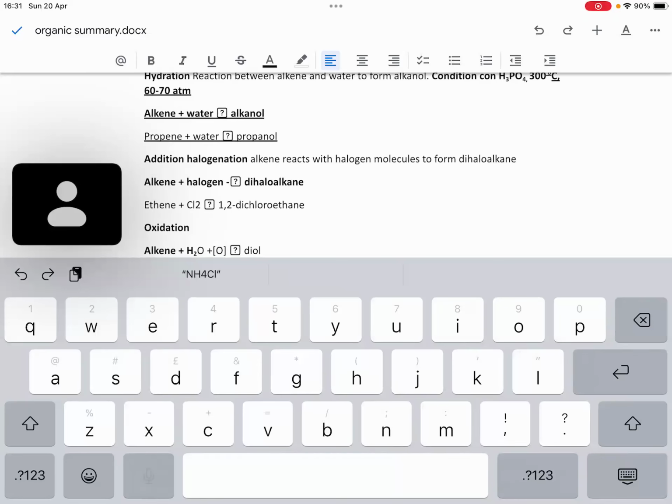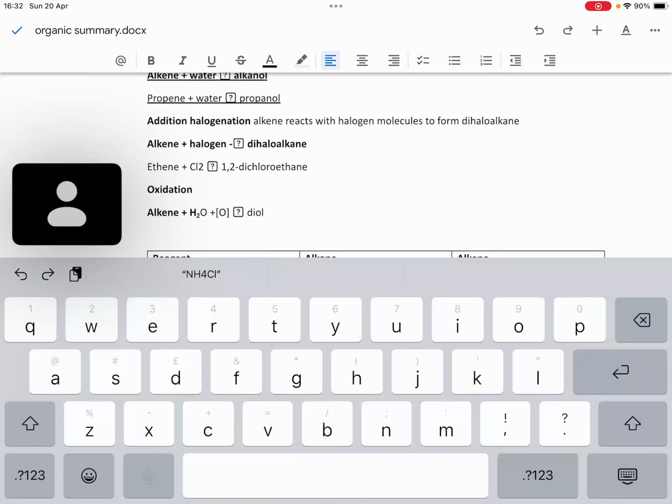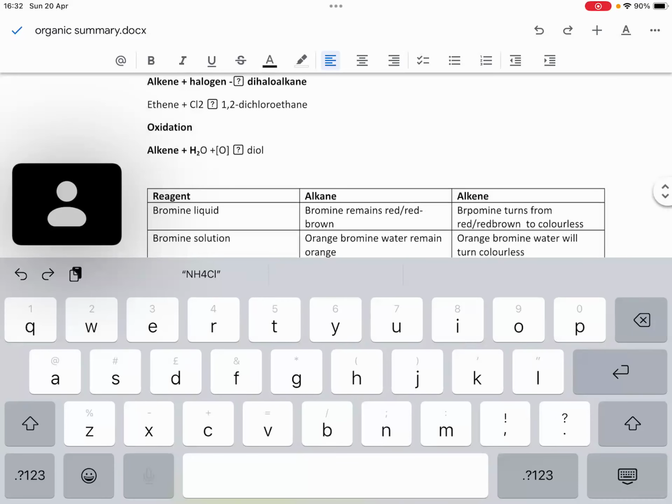So in addition halogenation, an alkene reacts with a halogen molecule to form a dihaloalkane. We need no condition for this reaction. Now, in oxidation, we react an alkene with an oxidizing agent, such as acidified potassium dichromate, and it will form a diol. So to the double bond, we're adding 2 OH, so we get a diol or a dialcohol.